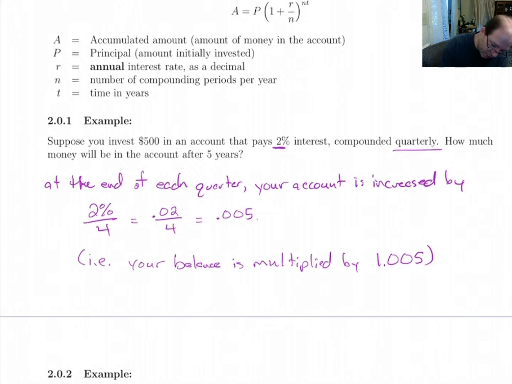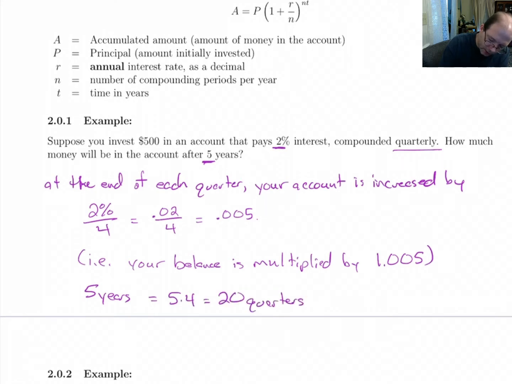So if we wanted to work this out, we're looking at, say, 5 years. So 5 years is 5 times 4, which is 20 quarters. So the amount of money you'll have at the end of that is going to be 500 times 1.005 raised to the 20th.